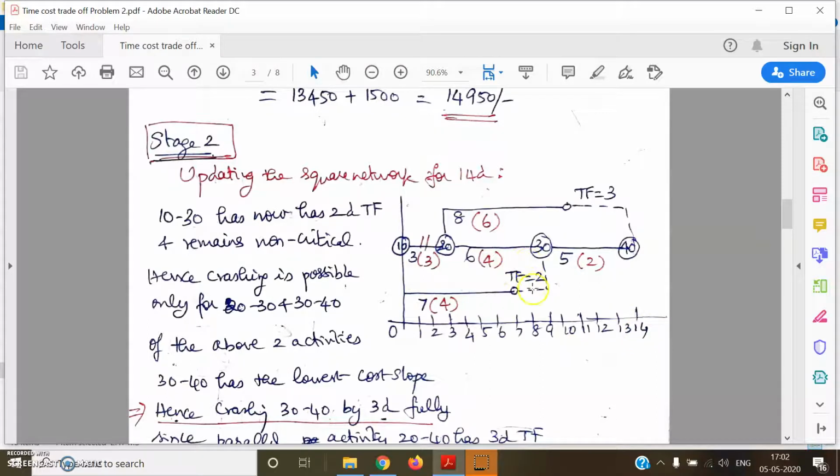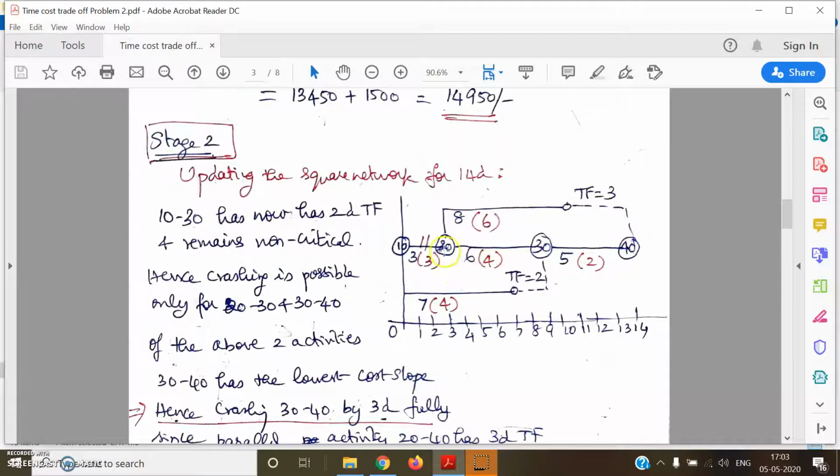Now we find that 10-20 has been completely crashed, and 20-30 and 30-40 are the remaining two activities which are critical, and the parallel non-critical parts are still non-critical. As you can see, 10-30 has lost 2 days of total float and now has only 2 more days of total float, whereas 20-40 has 3 days of total float.